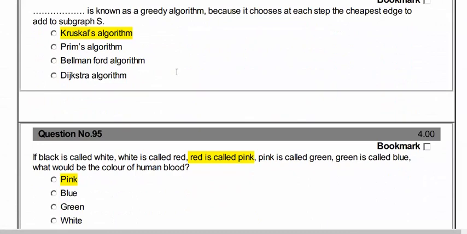Dash is known as greedy algorithm because it chooses at each step the cheapest edge to add to subgraph S. Option A is right, Kruskal's algorithm.